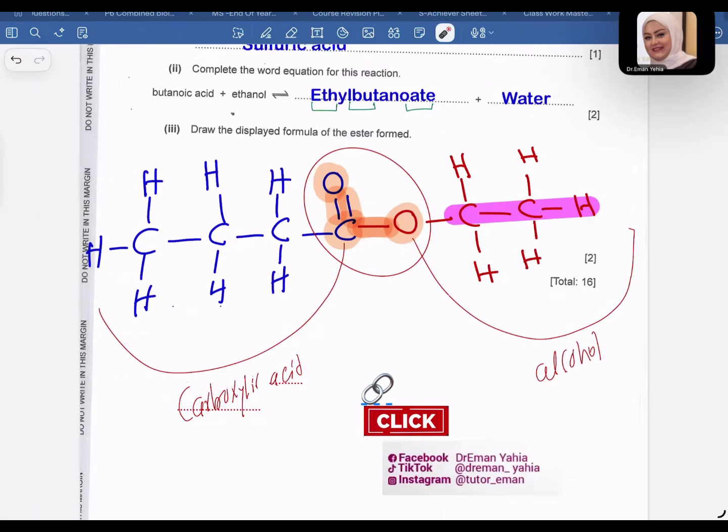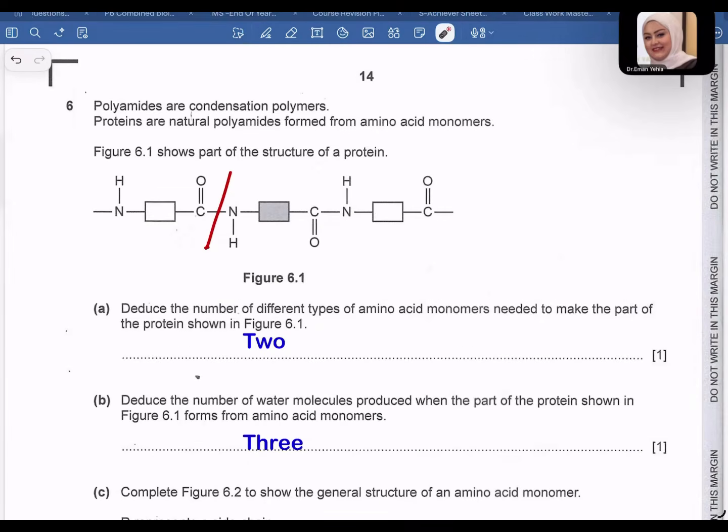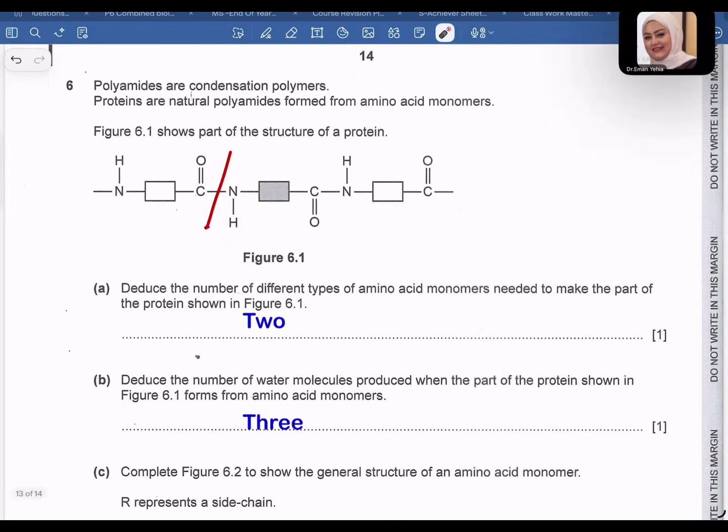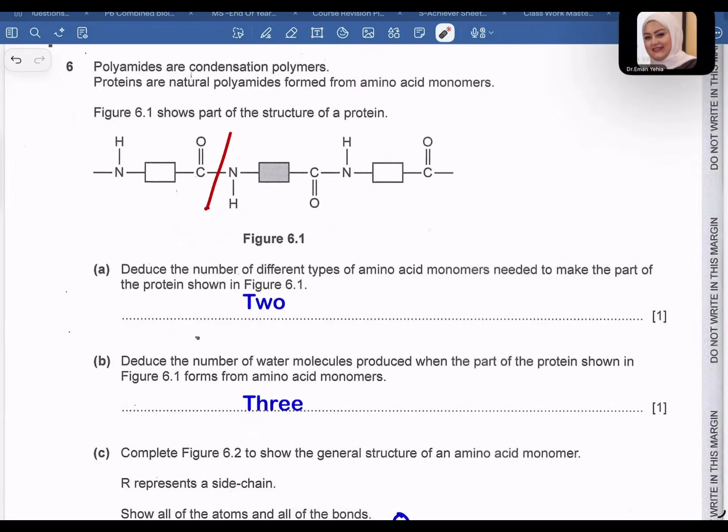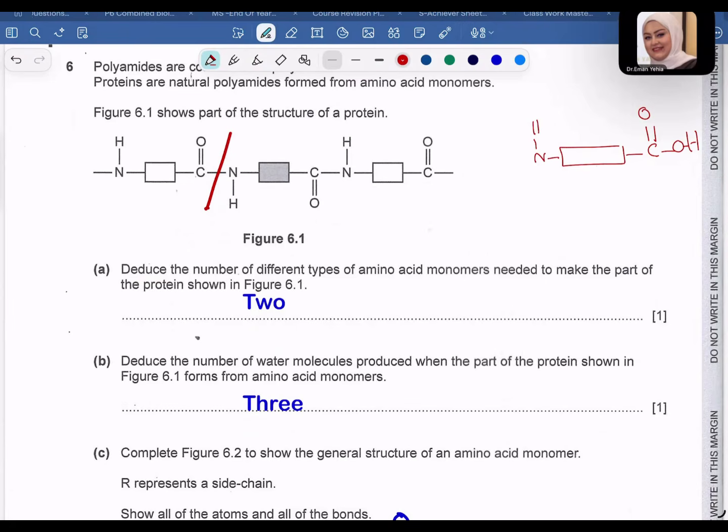Polyamides are condensation polymers. Protein is a natural polyamide formed from amino acids. This is the structure of a protein. Deduce the number of different amino acids. By the way, this is the structure of an amino acid, ending with carboxylic acid and ending with amine. So we have 2 different boxes.